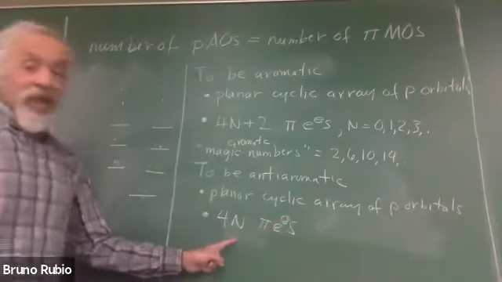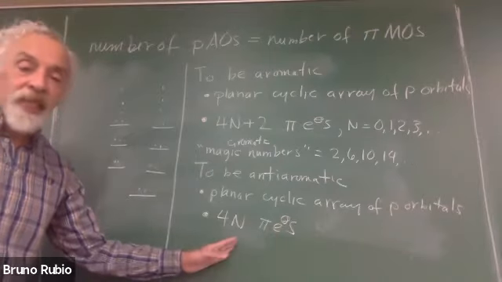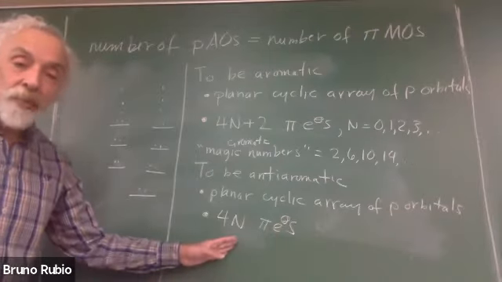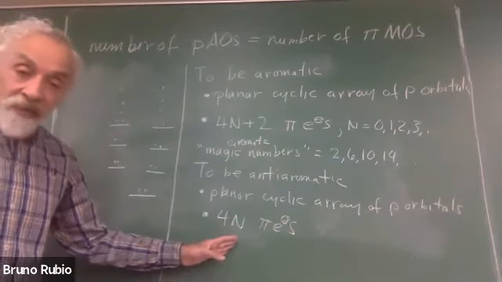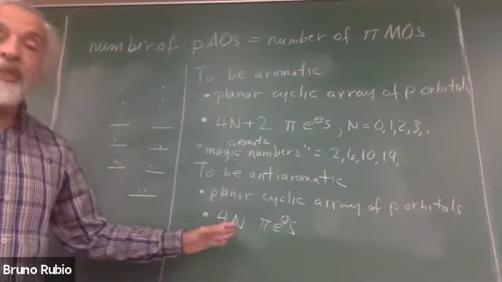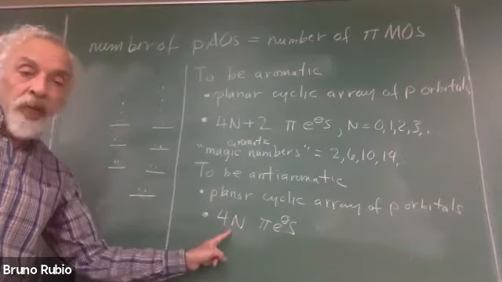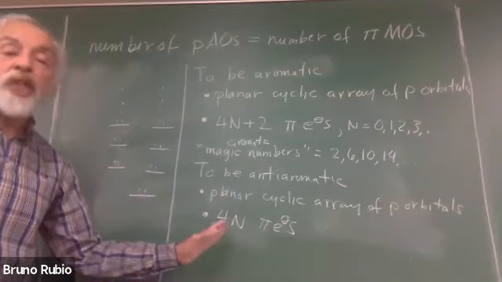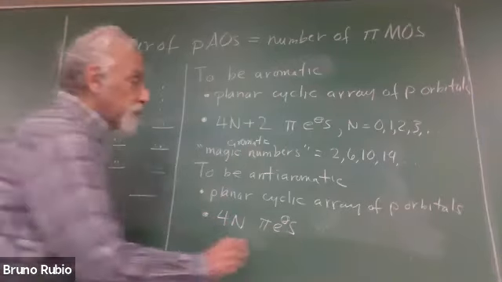And again, this n in this formula causes no end of confusion. It's not the number of pi bonds, it's not the number of carbon atoms, it's not the number of double bonds, it's none of those things. It's just a series of integers that, when you plug them into this formula, generate the anti-aromatic magic numbers.